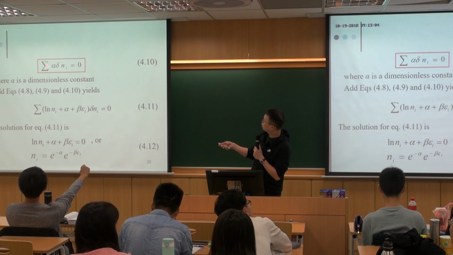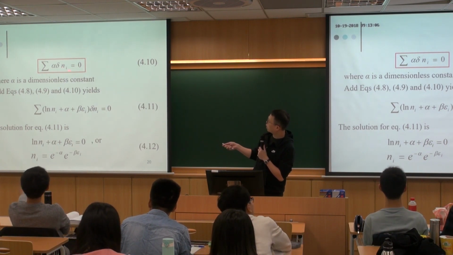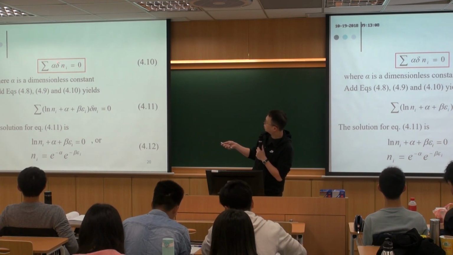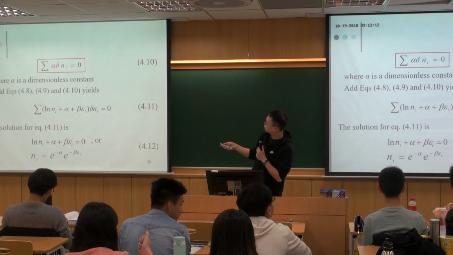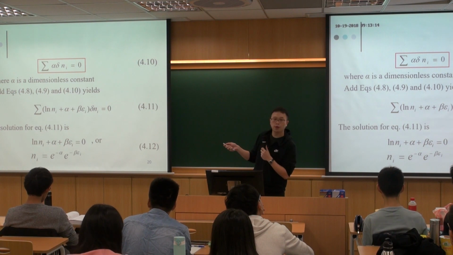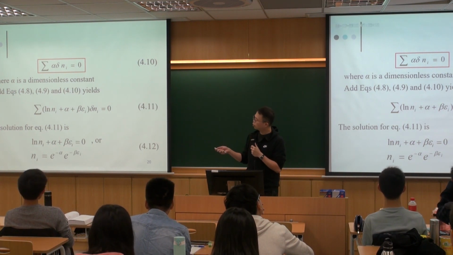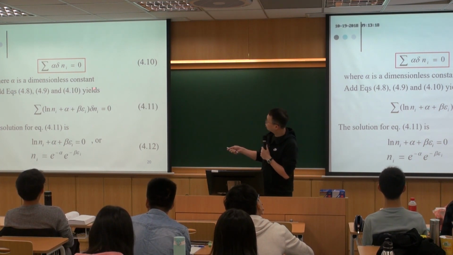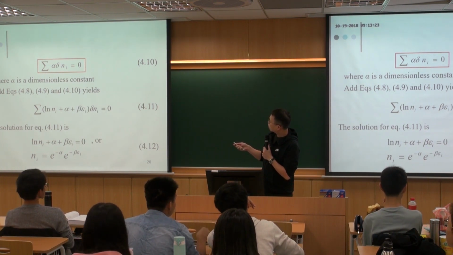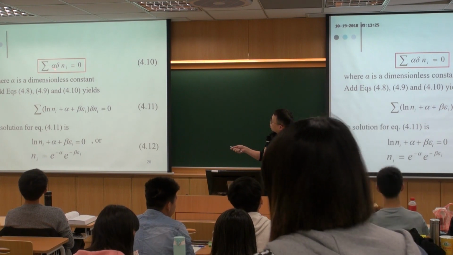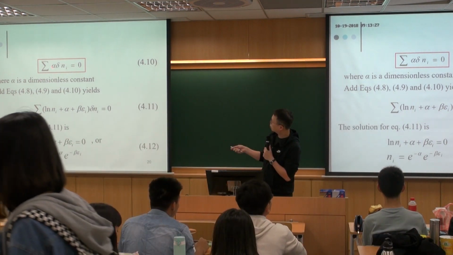And of course, the conservation of the number of particles gives us that the sum of delta Ni should be 0. And we also put a constant in front of it to make sure that this is still 0 when you multiply by some other constant.